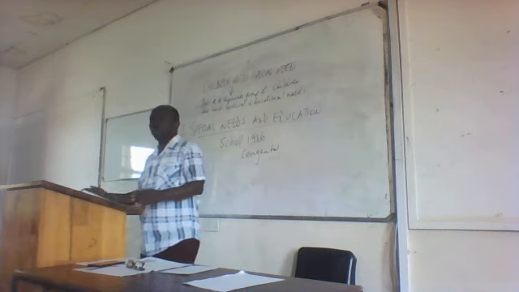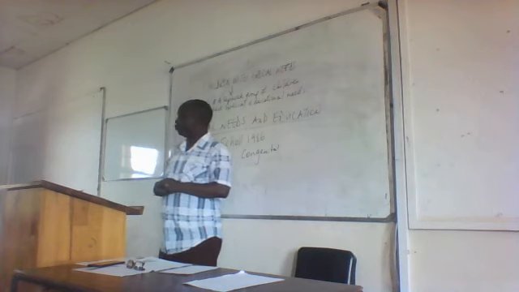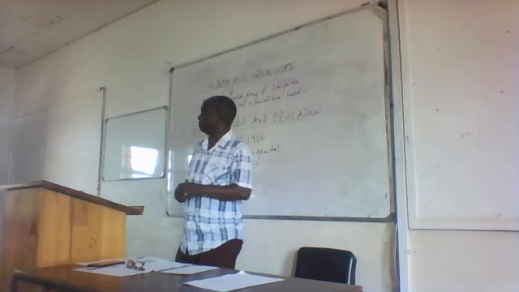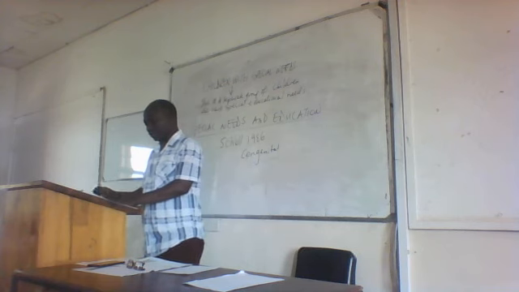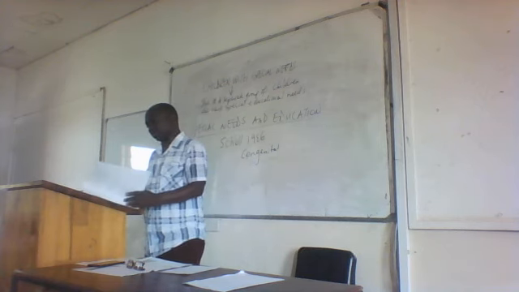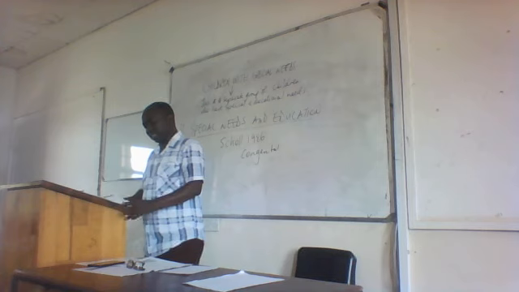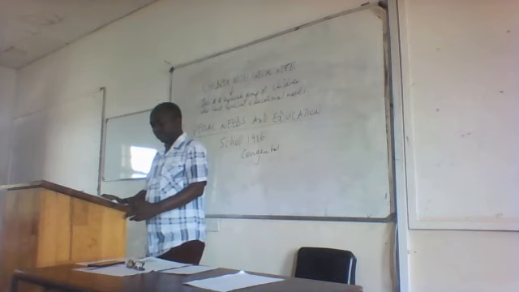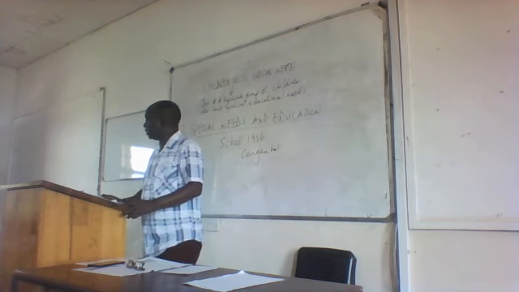Now the question could be, how can I identify students with a visual impairment? How can you identify that this student has a visual impairment?